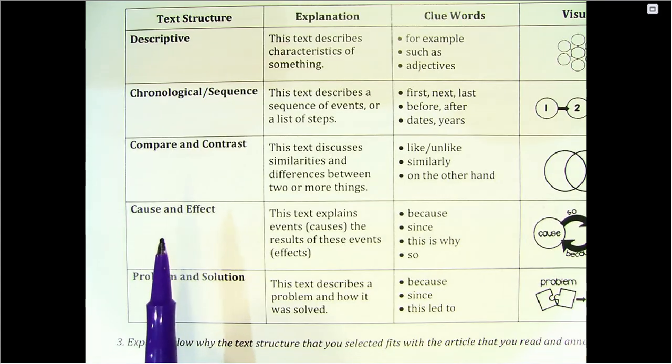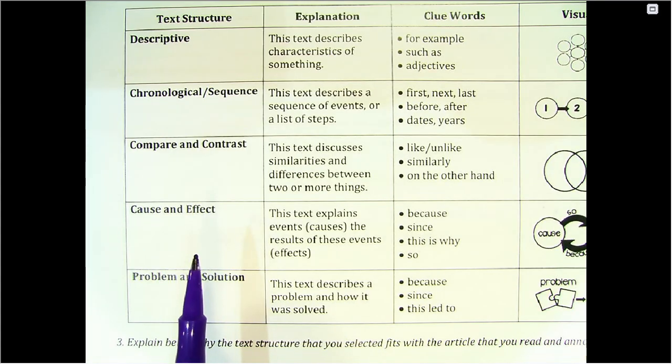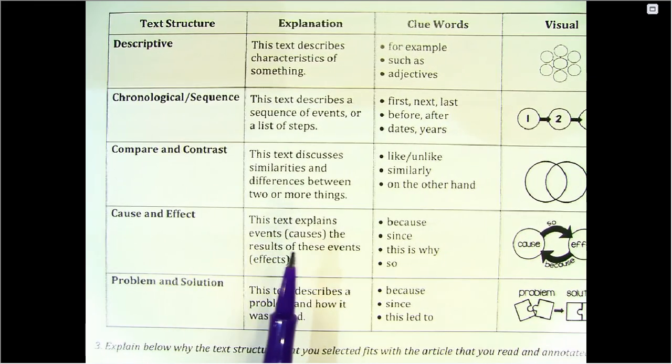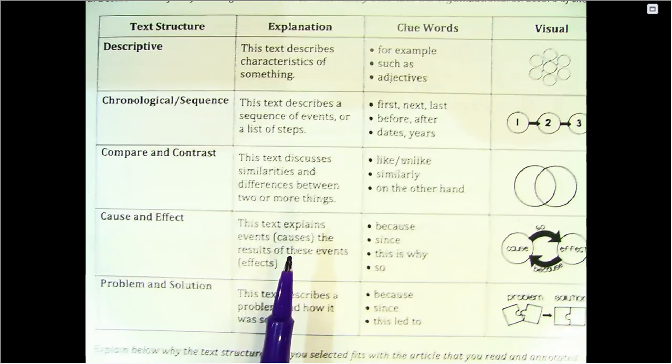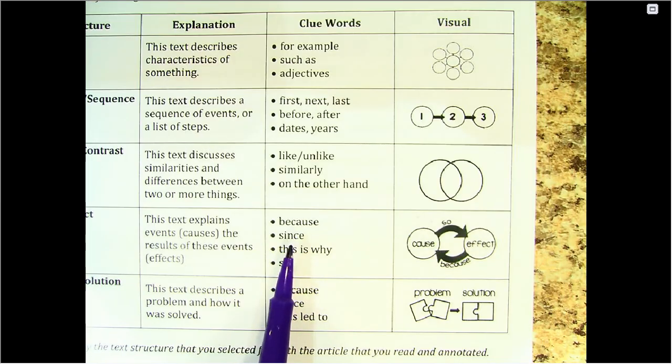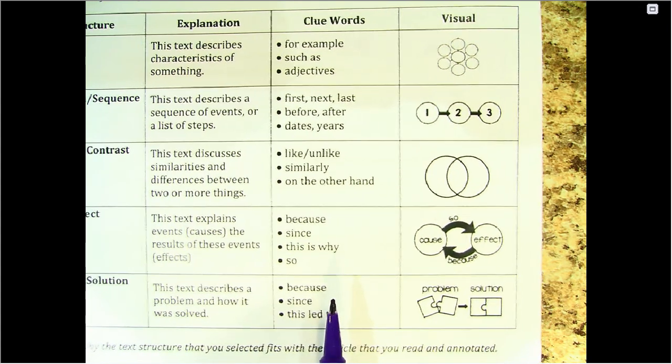The fourth one, maybe it's a cause and effect text, and that explains the events or causes and the results of these events. Words like because, since, this is why, or so. Maybe something talking about what's happened in his life and what caused him to write like that, or choose to write about what he did.